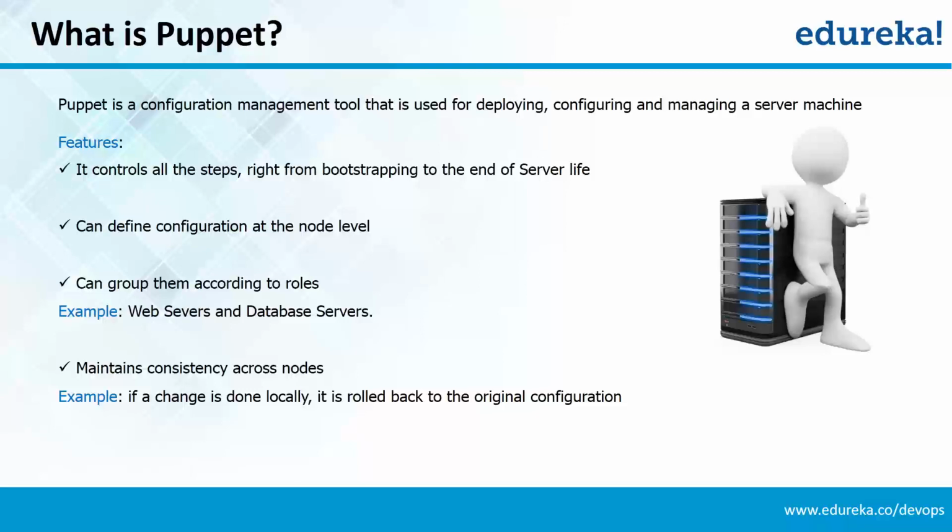The roles usually can be whether you're a web server or a database server. And more importantly, a web server on a development environment may be different from a web server on a QA environment. So we should be able to categorize a node specifically based on its role or its functionality or its stage or its environment: either it's a dev or a QA or a staging or a production.